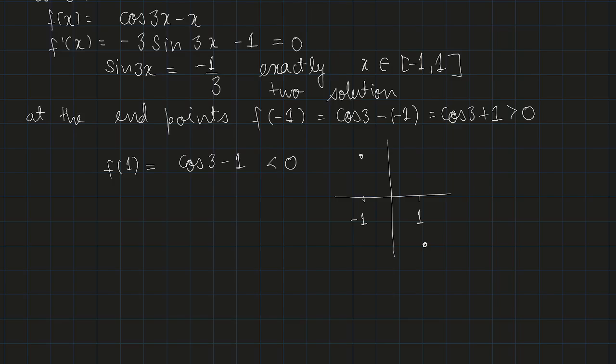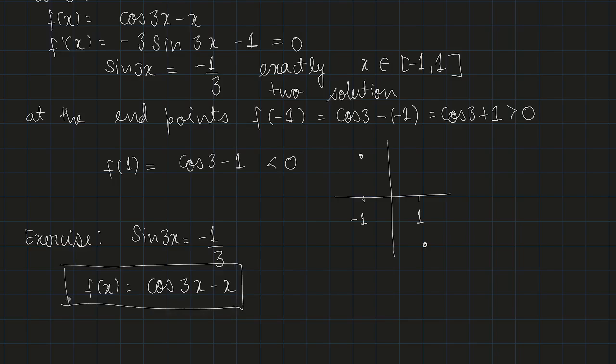The other thing, which I'm not going to do here but will leave as an exercise for the student, is this: if you check sine 3x equals -1/3 and plug into f of x, you will see that these 2 critical points are actually lying one above the x-axis and one below the x-axis.